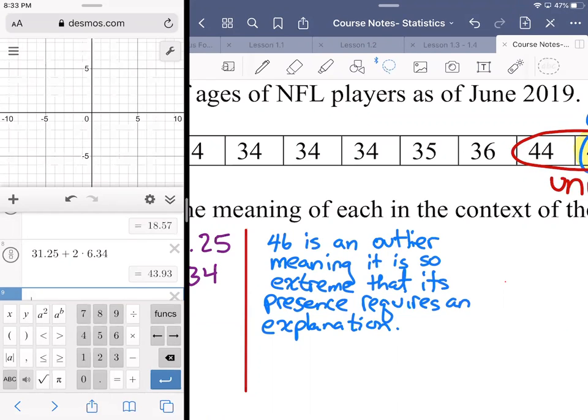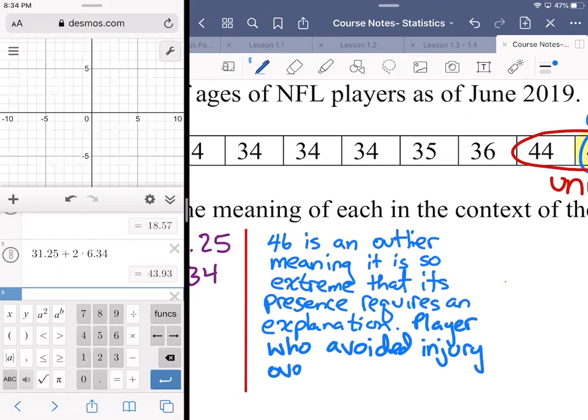So in this case, now we didn't associate names with numbers here. So we're talking in general terms, but we can make a reasonable assumption that this is a player who avoided injury over a long period of time.